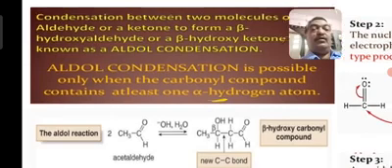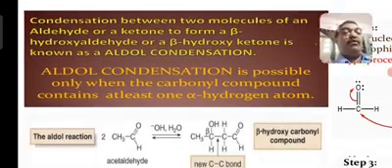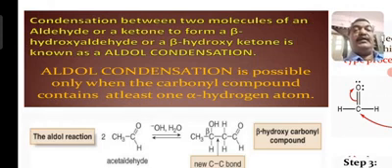So condensation between two molecules of an aldehyde or ketone to form a beta hydroxy aldehyde or beta hydroxy ketone is known as aldol condensation. Here I have given a reaction with acetaldehyde to form a beta hydroxy carbonyl compound.